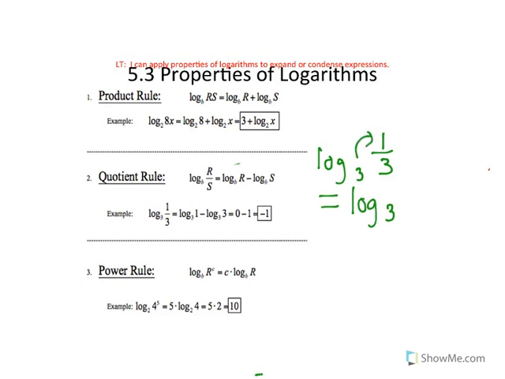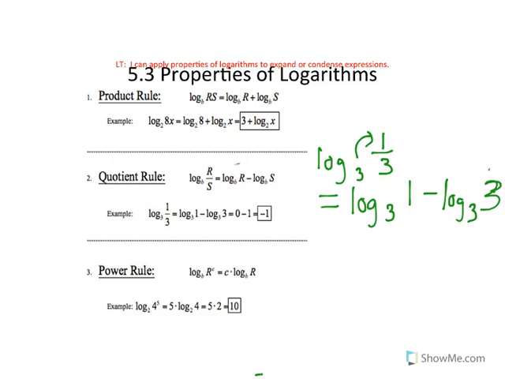We have to make sure that we get that right. When we read a fraction, we always read the numerator first over the denominator. So when I'm expanding this logarithm, I'm going to write the numerator first: log base 3 of the numerator 1 minus log base 3 of the denominator 3. Numerator first, minus the denominator part second.